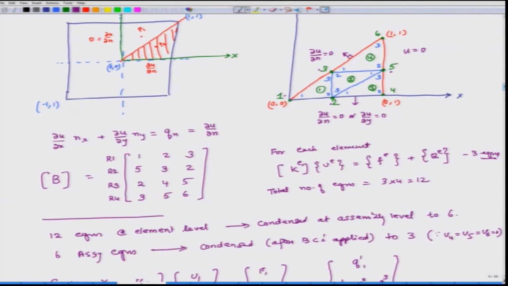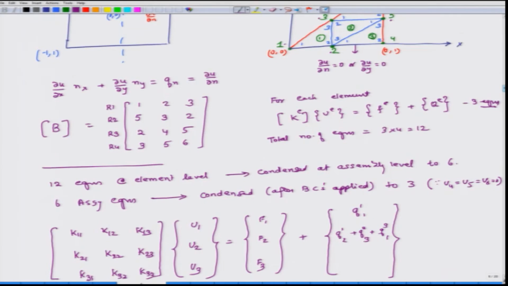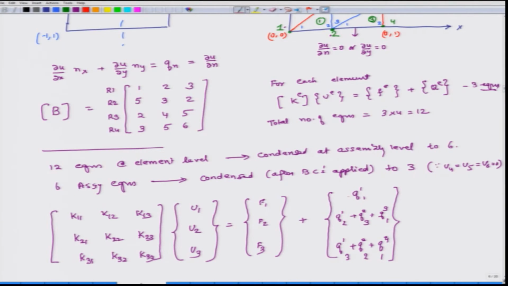And at node 3, how many components do I get? Again 3 components, from element 1, element 2 and element 4, and the nodes are 3, 2, 1.